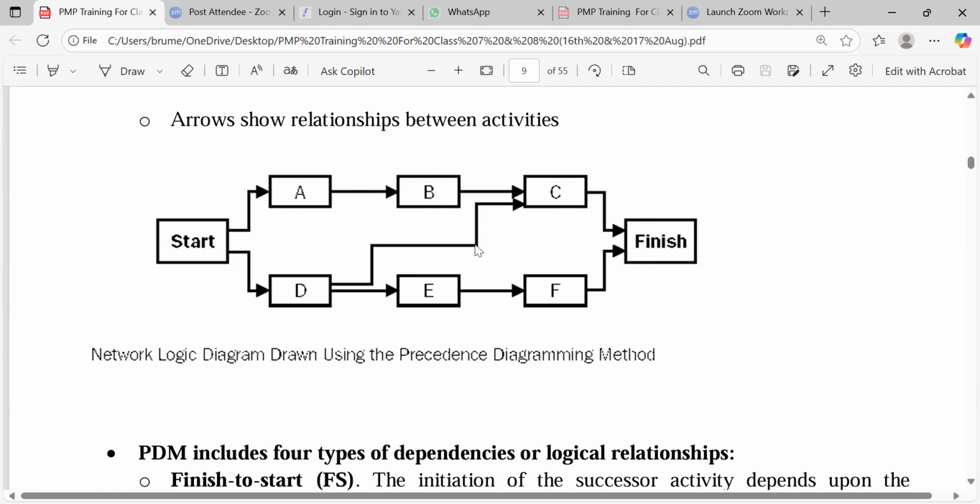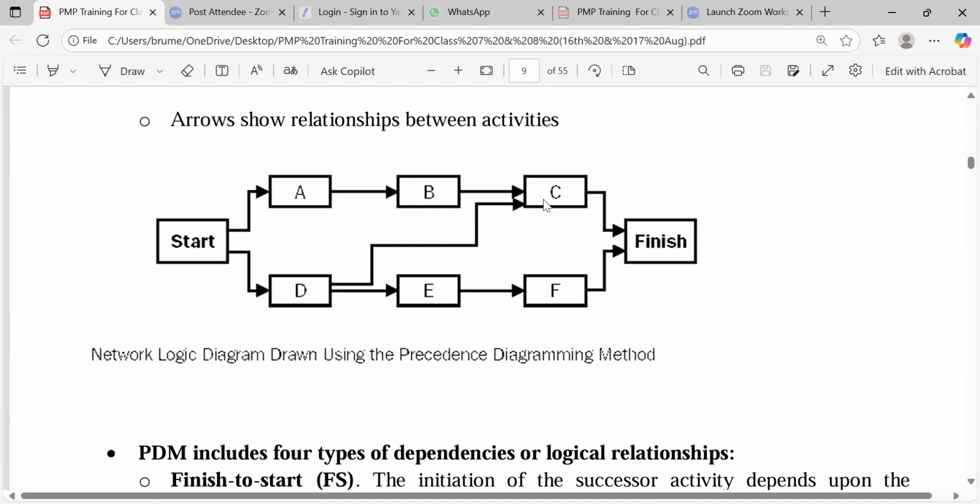No, C cannot be delayed because C is on the critical path. D can be delayed. D has a float of 4 days. Because even if you finish D and E, when A finishes, C cannot start. C can only start when B is finished, right?